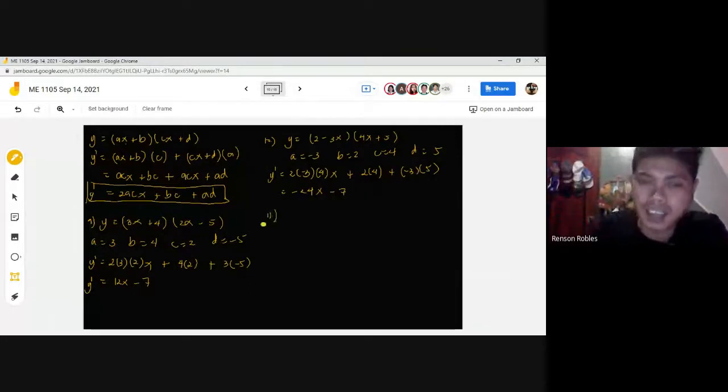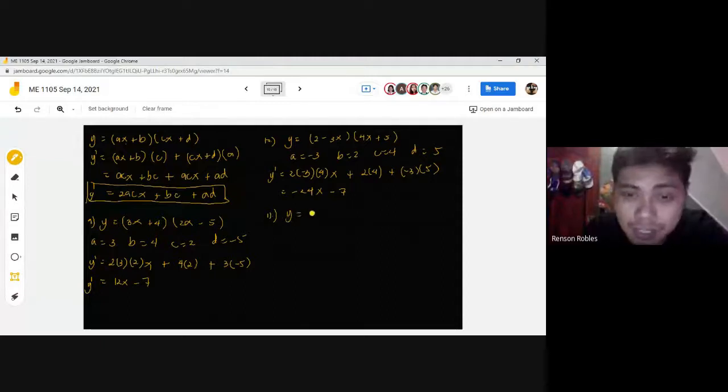Ano sir, pagka ganito naman siya, y equals, magkasya kaya dito? Sige, try ko lang. (ax plus b) raised to m, (cx plus d) raised to m, ito yung chain rule.